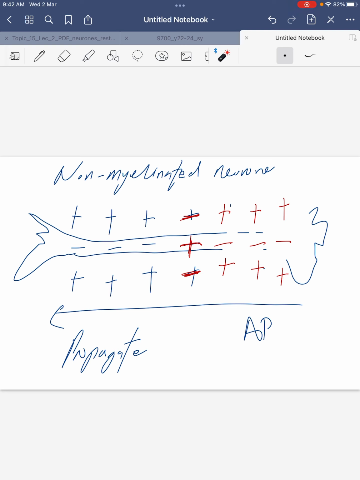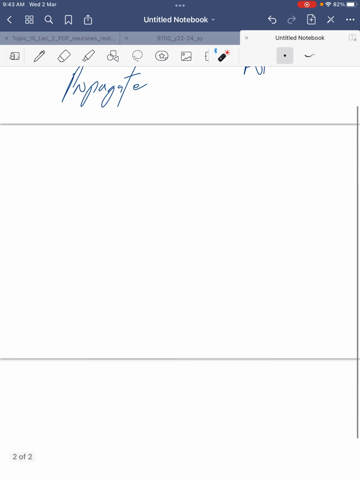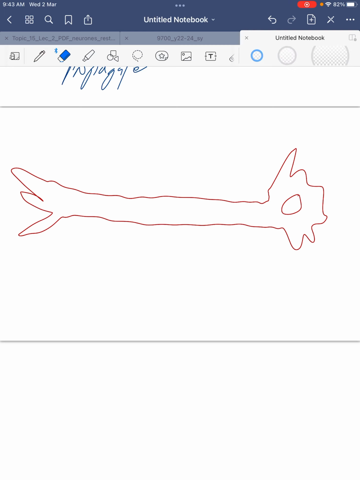So this is in a non-myelinated neuron. In a myelinated neuron, it's different. In a myelinated neuron, because of the presence of the node of Ranvier, the impulse will jump.